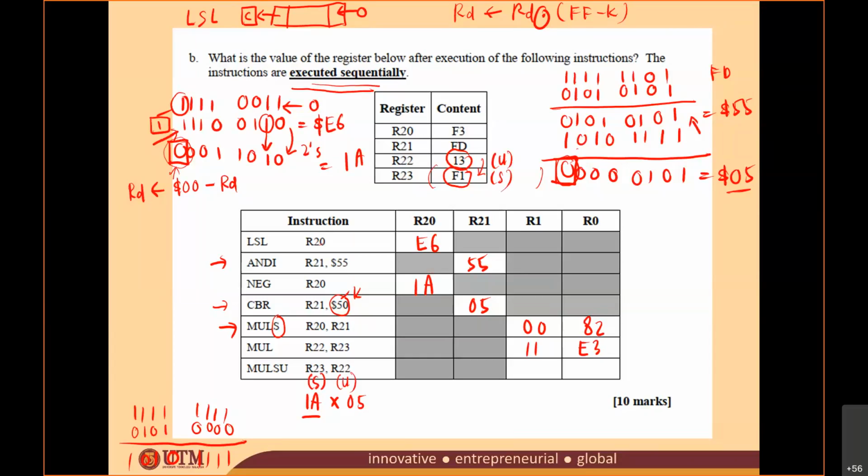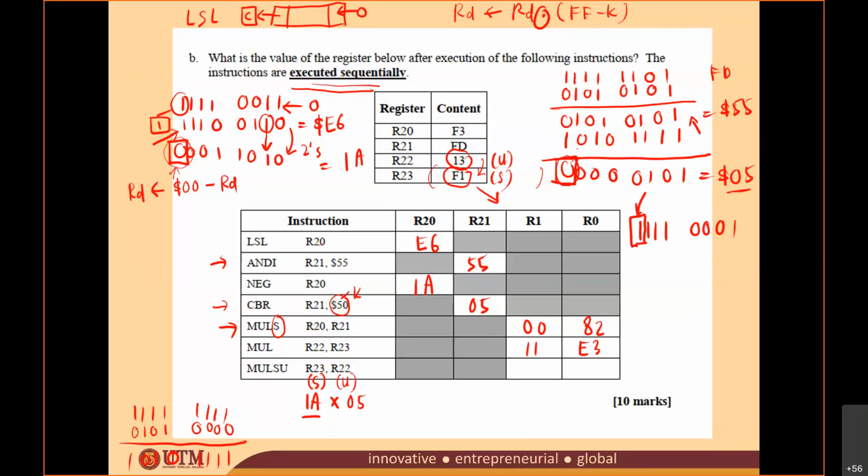Bila F, kalau kamu tukar hexadecimal to binary, F and 0001, this is F1. Okay, you see here, bit 7, it is a negative number. So you know that R23 is a negative number. So you need to find out the magnitude of this R23.